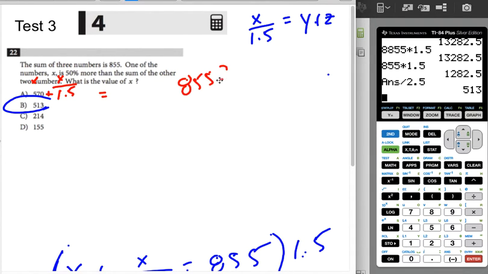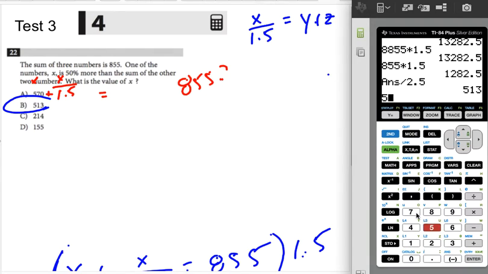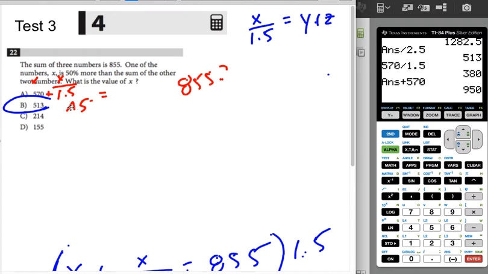You could try that with the 570: 570 divided by 1.5 is 380, and adding it to the 570, answer A would be 570 plus the 380, which is not 855. You could do that with all of them, and you'd realize B is the right answer.